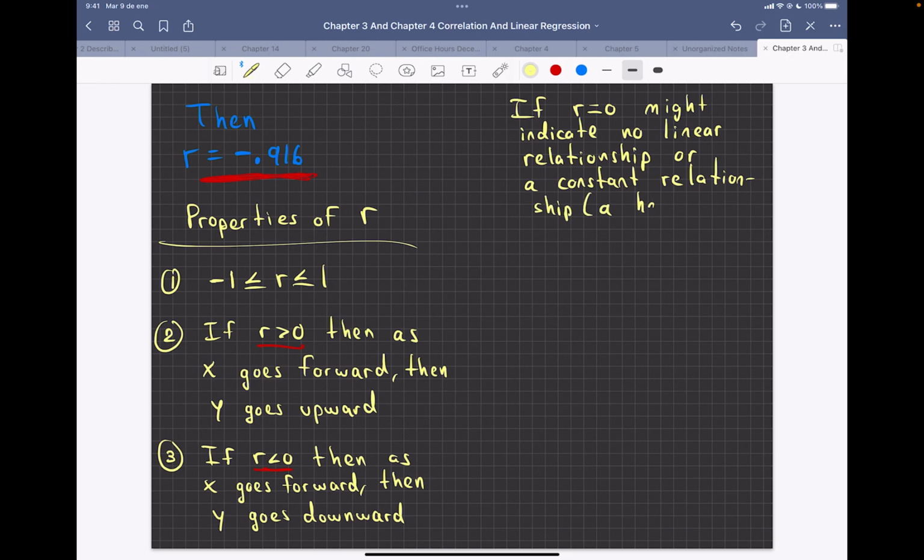A horizontal line. I mean, this would indicate that the Y values don't change no matter the values for X. If we have a constant relationship, that happens. If the correlation coefficient is equal to 0, it might indicate that.